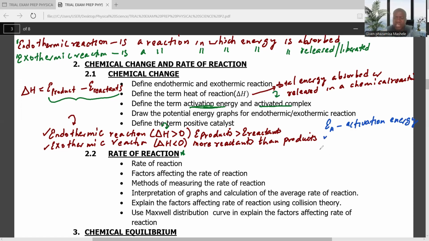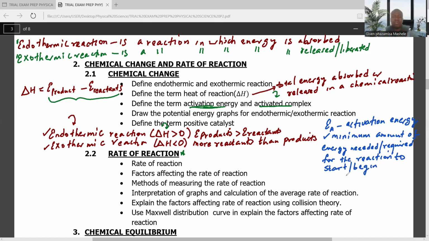Number one, an activation energy is the minimum amount of energy needed or required for the reaction to start or to begin.